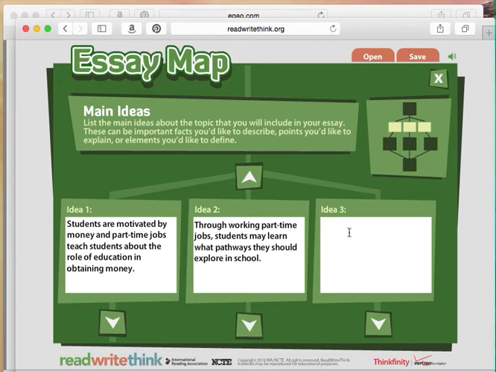And lastly, I said before that part-time jobs give students access to both role models or mentors as well as co-workers who serve as negative examples.